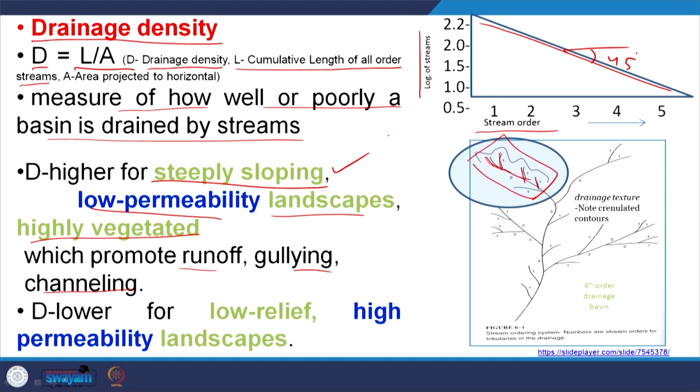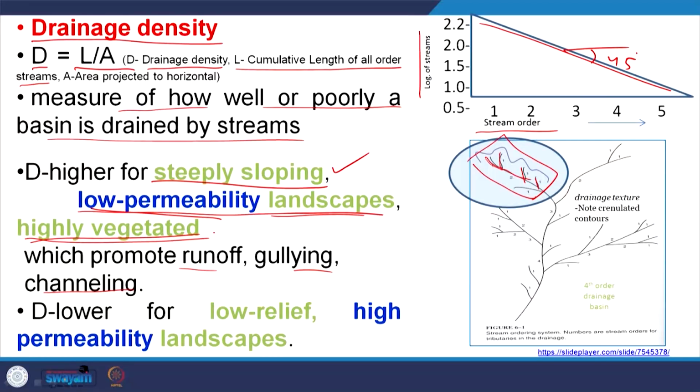So, it indicates steep slope, then low permeability. This is another important factor to understand here. For example, granitic gneiss and migmatites have low permeability. Low permeability means that during rain the surface is filled with water and there will be less percolation downward.